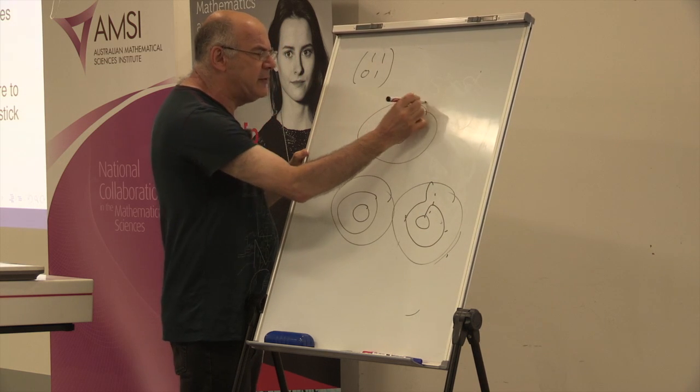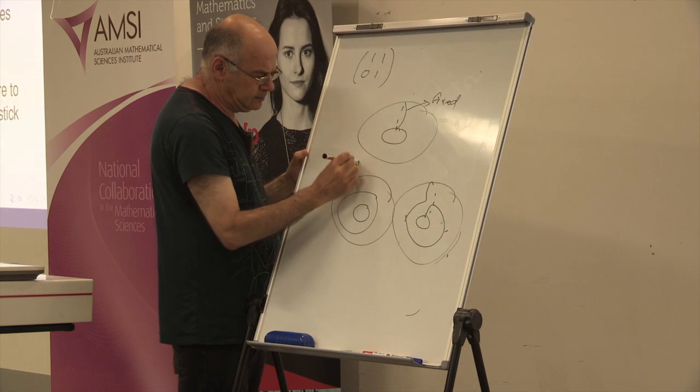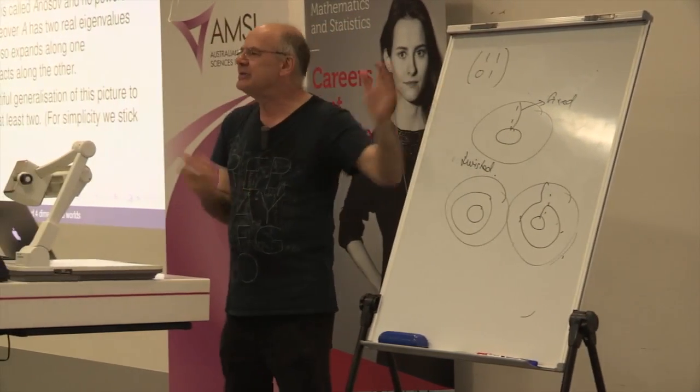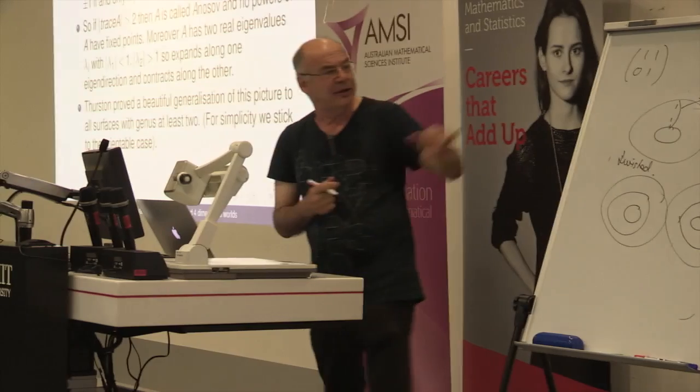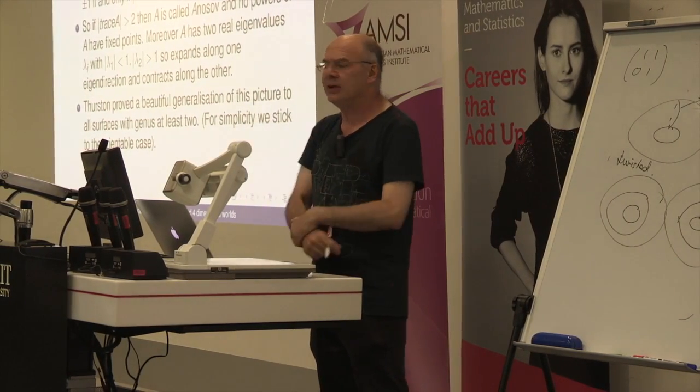But this circle is fixed, and this is twisted. And of course, it's easy, elementary, that this has an eigenvector with eigenvalue 1, that's a fixed point. That's exactly what it is.